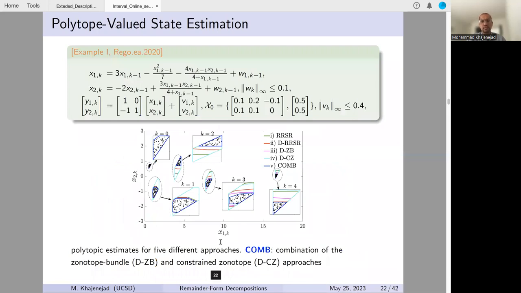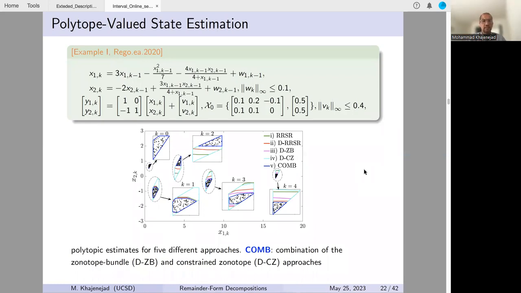And as you can see, for example, just to illustrate it, the combination of these zonotope bundle-based decompositions and constrained zonotope-based decompositions really outperforms the polytope-valued estimates obtained by some other benchmark methods in the literature.